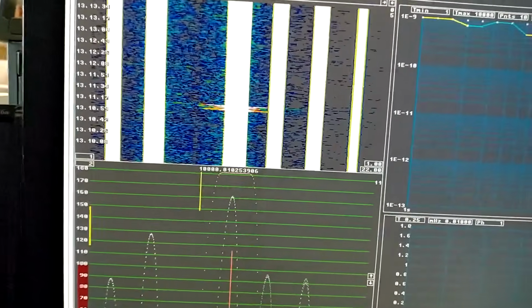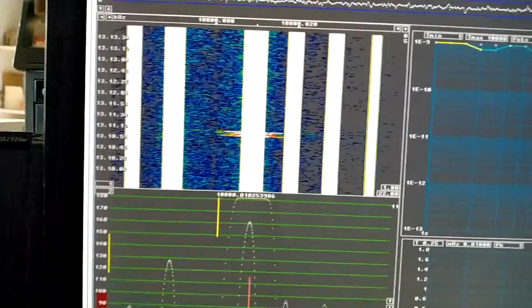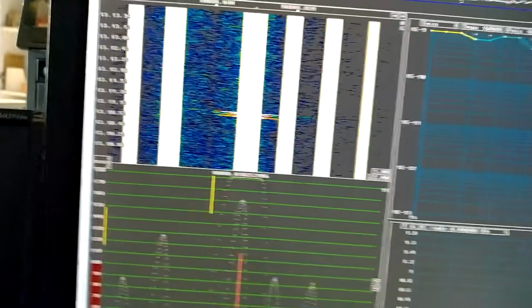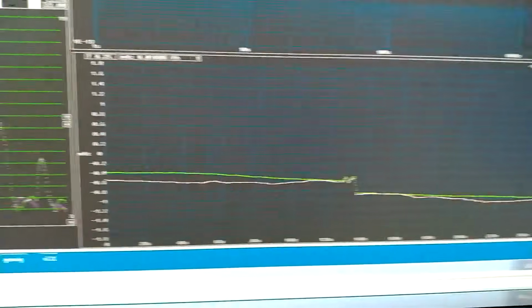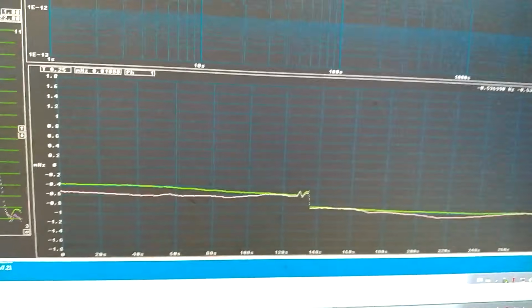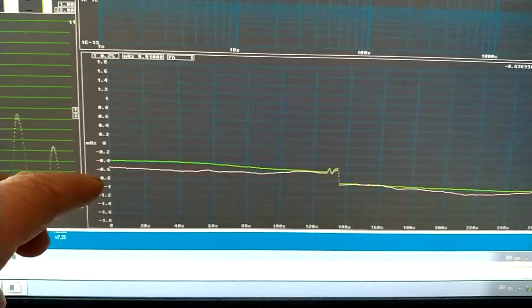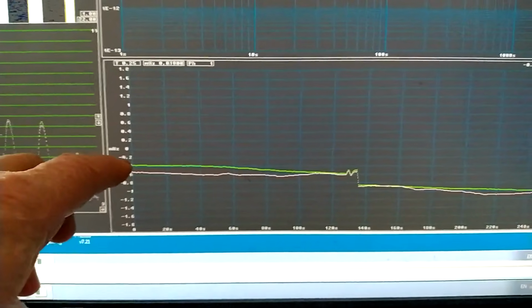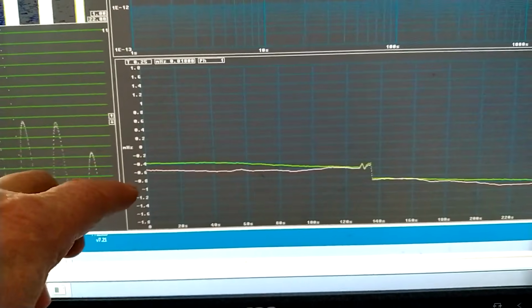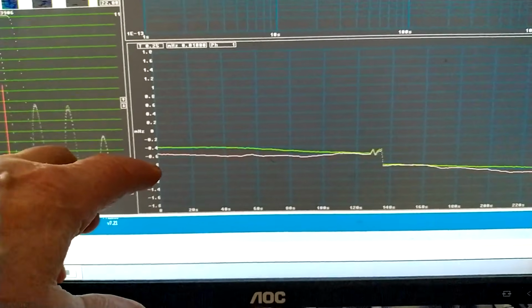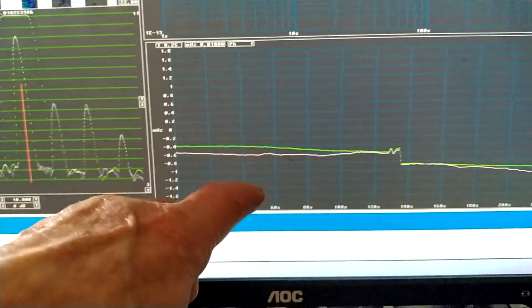Here is another kind of instability. I'm looking at the Allan graph and at the frequency versus time window. You can see that the Wenzel oscillator, the green trace, is more stable than my other oscillator, the red trace.